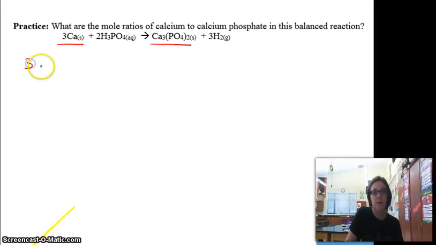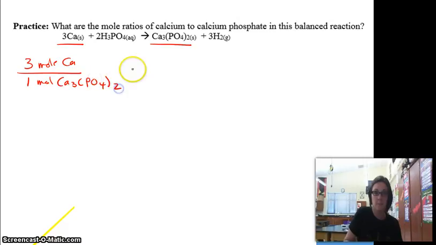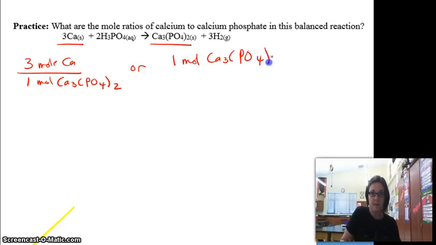So I would need 3 moles of calcium for every, no coefficient means a 1 mole of calcium phosphate. And then I could also use the reciprocal. For every 1 mole of calcium phosphate, I would need to provide 3 moles of calcium. So I've just made a ratio there.